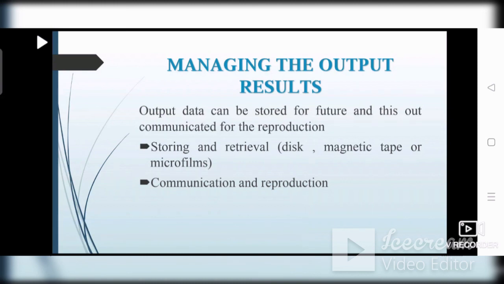You can save and manage your data on disk, magnetic tape, microfilms, and many other media. Communication and reproduction: you study your data again and again, and you can get different results from your data. That part is called communication and reproduction.